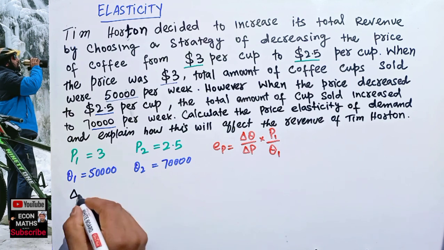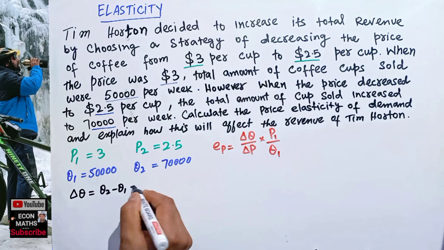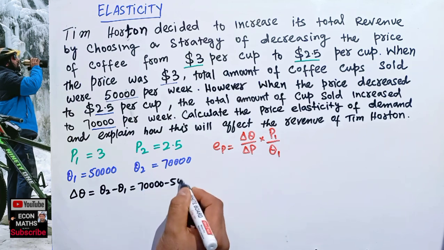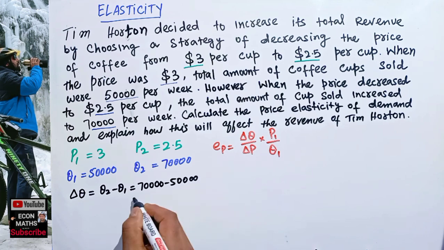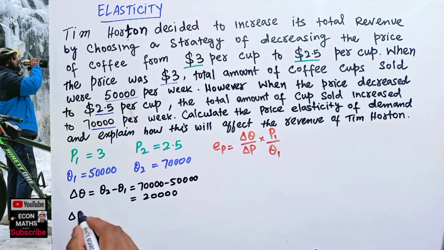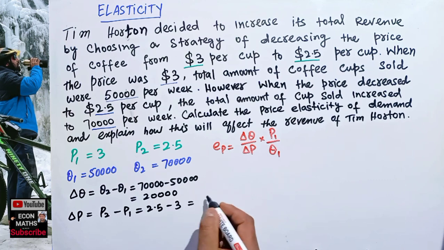Change in quantity is simply Q2 minus Q1, which is 70,000 minus 50,000, which comes out to be 20,000. And what is the change in price? Simply new price minus initial price. New price was 2.5, initial price was 3, so change in price is minus 0.5.